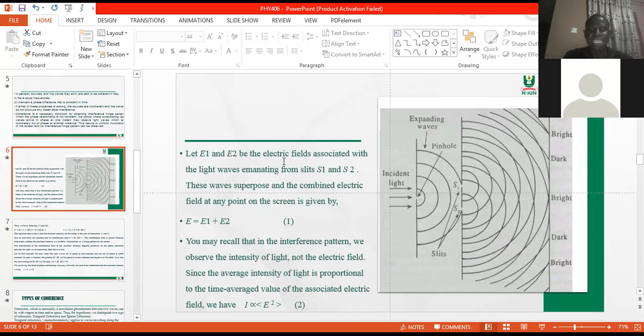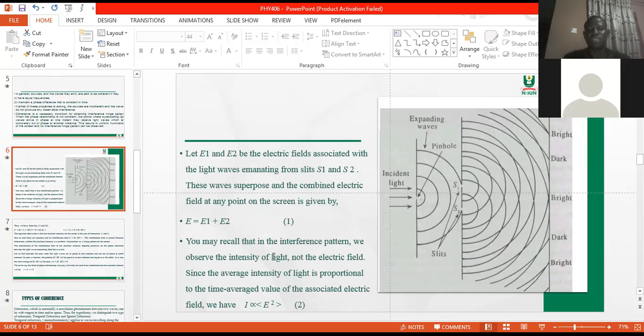We said that let E1 and E2 be the electric fields associated with the light waves emanating from slits S1 and S2. These waves superpose each other, and the combined electric field at any point on the screen is given as E1 and E2.